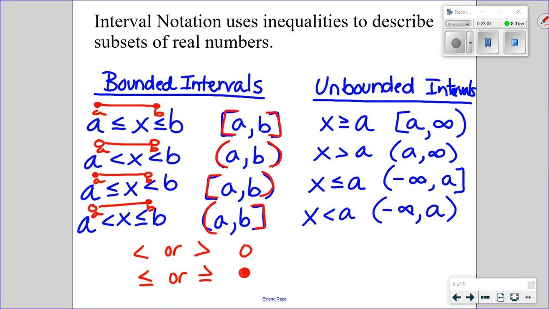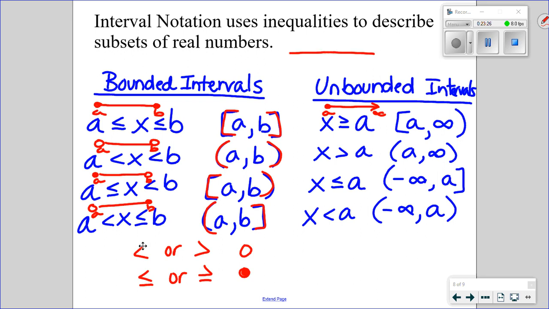Okay, for our unbounded intervals, this is where if you were to graph the inequality, it's going to continue forever to the left or to the right. So for instance, for x is greater than or equal to a, we would use a closed circle on a, but then your inequality would go forever to the right, meaning it's going to infinity.